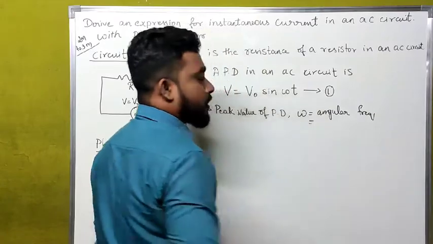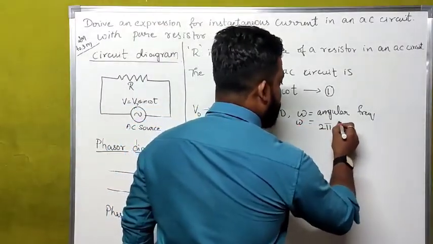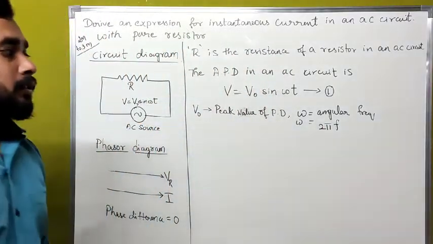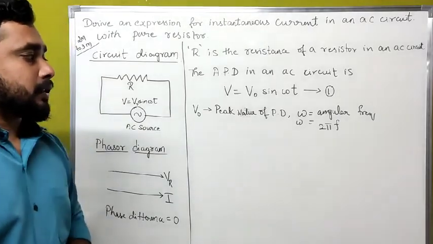The value of angular frequency omega is equal to 2 pi f.